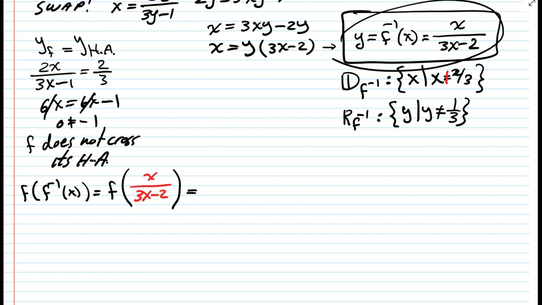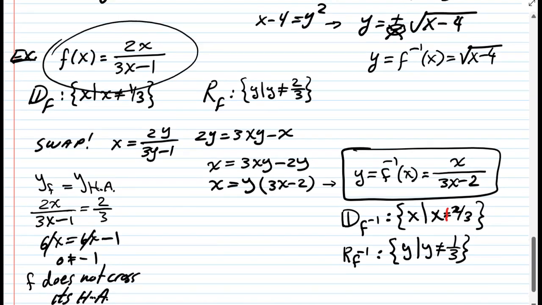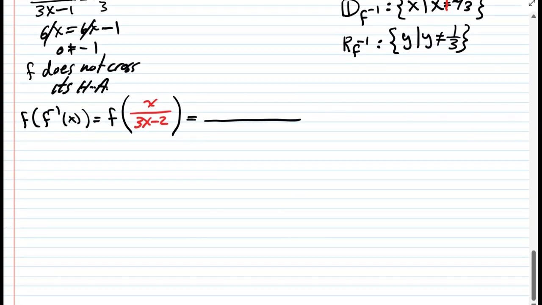Now we're going to plug this into our f function. The f function is the original 2x over 3x minus 1. So the input, x over 3x minus 2, is going to replace x in the function.